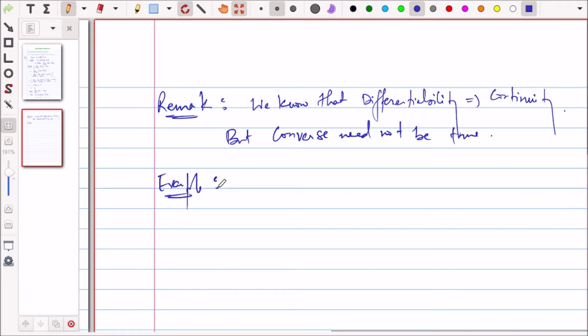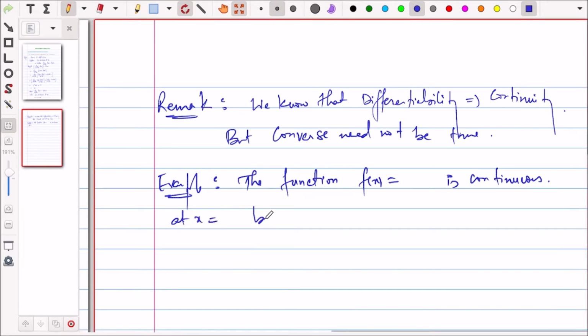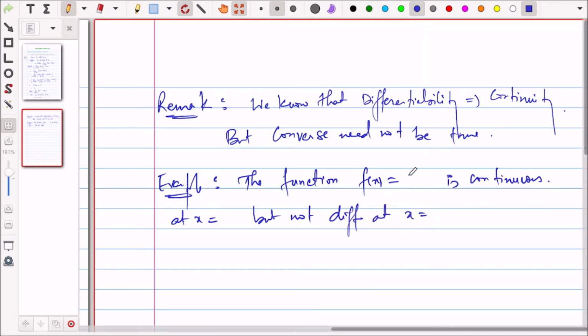Who can tell me a function continuous at x equal to a given point but not differentiable there? What is the function that we have done? Mod x. Mod x is continuous at x equal to 0 but is not differentiable at x equal to 0, right? We have done this example.